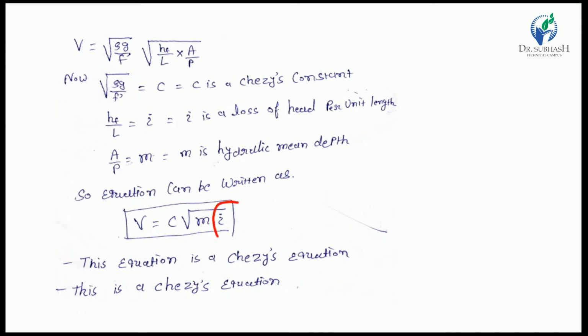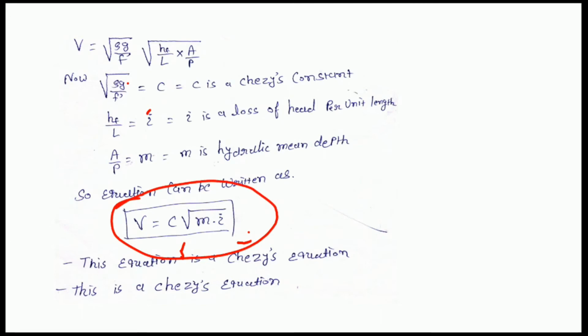Now i is the loss of head per unit length, hf upon L, and m is the hydraulic mean depth. It is the ratio of cross-section area upon perimeter. So A upon P is defined by m, hf upon L is defined by i, and root of rho g upon F' is defined by C. So this equation is finally known as Chezy's equation.